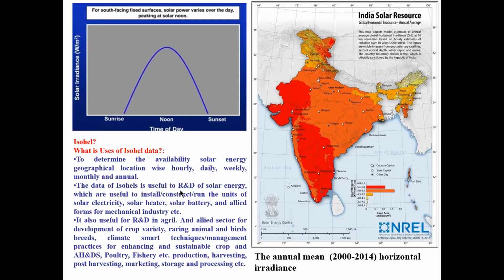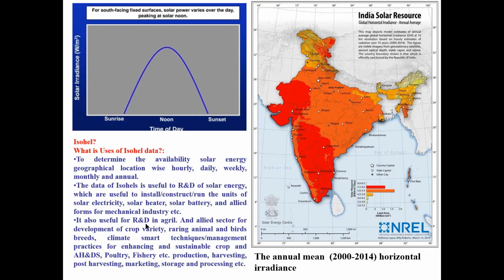The isohel data is useful for research and development of solar, to install, construct, and run units of solar electricity, solar heaters, solar batteries, and allied forms for the mechanical industry. This era is the renewable energy era.